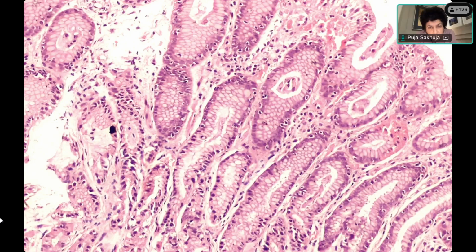Yes. So what do foveolar cells look like? What are these cells looking like? So forget what foveolar cells look like. Tell me what these cells look like. Just describe these few cells here. Are they cuboidal or columnar?